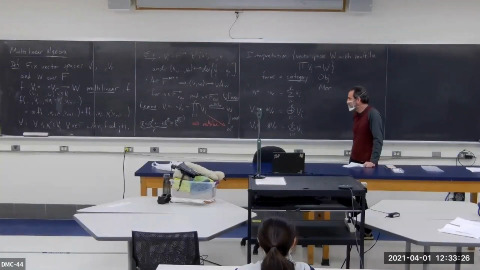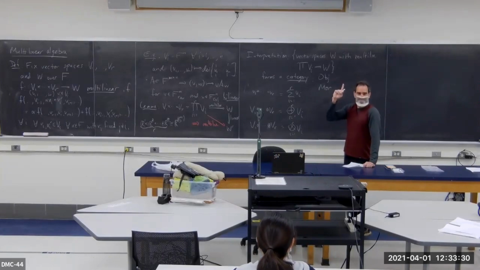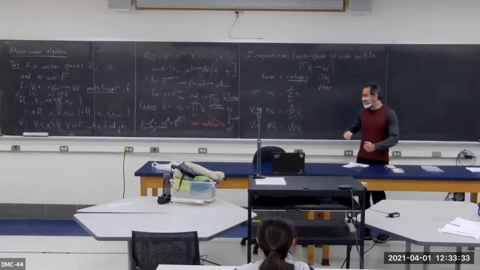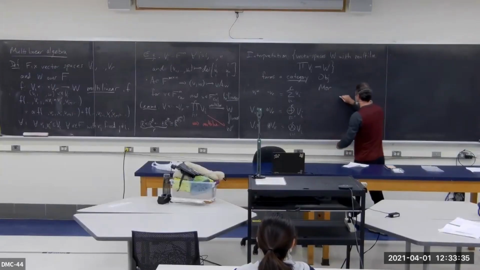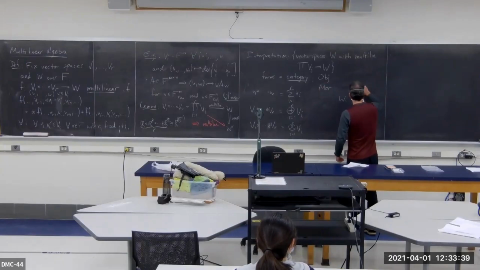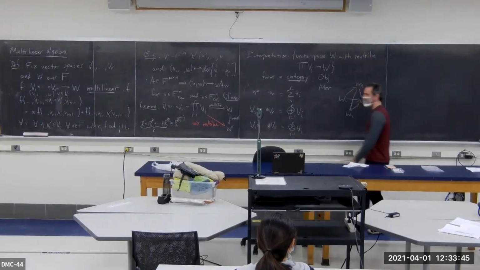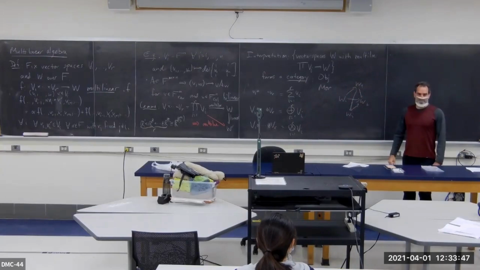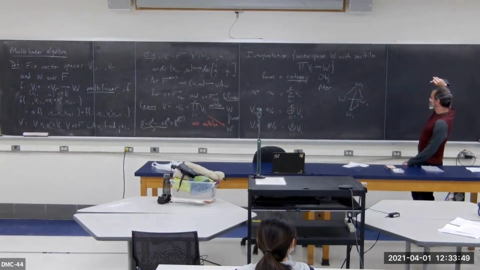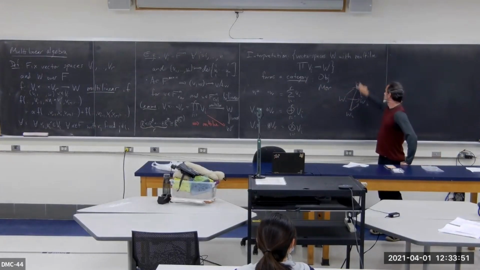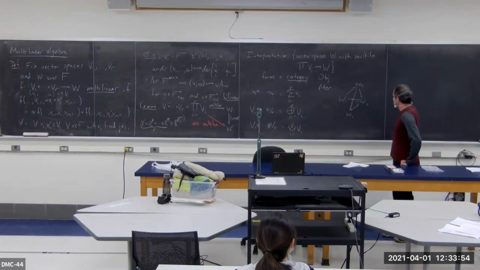So let's suppose you have a whole bunch of vector spaces, W1, W2, W3, W4, and you have various maps between them, like this. So you could say, well, what if I have a map from the product to this one and a map from the product to this one? Then you have to be a little careful.